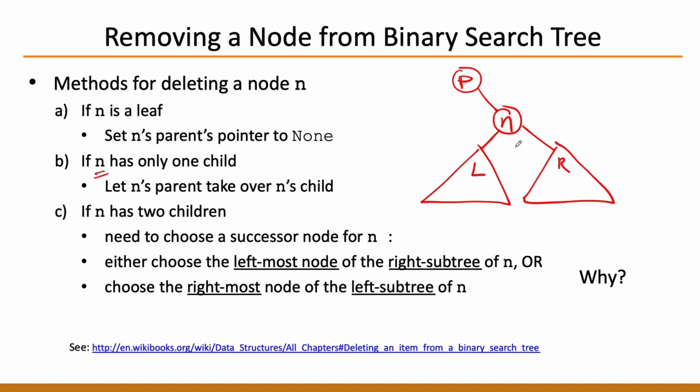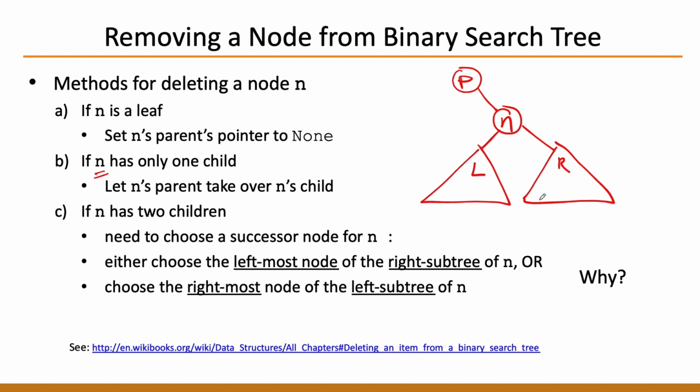You want to make sure that once that particular node takes over n's place, you will still satisfy the BST property, which basically says that everything on the right-hand side should be greater than the new node, and everything on the left-hand side should still be less than it.